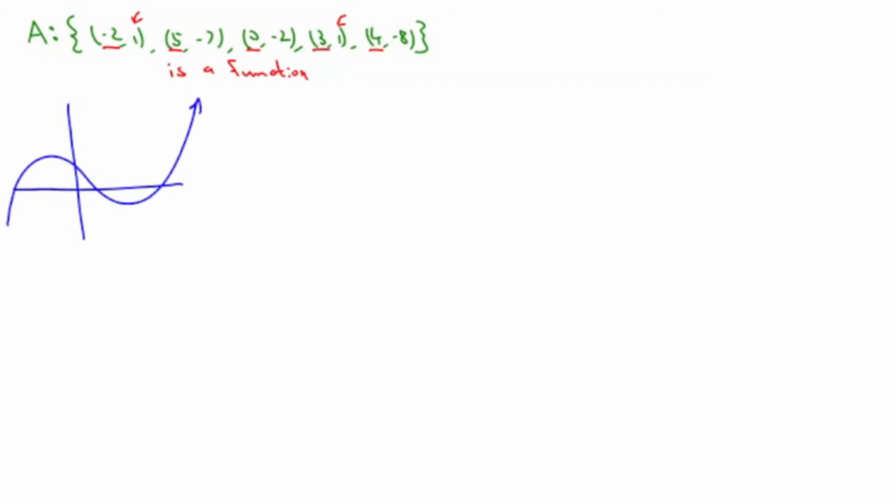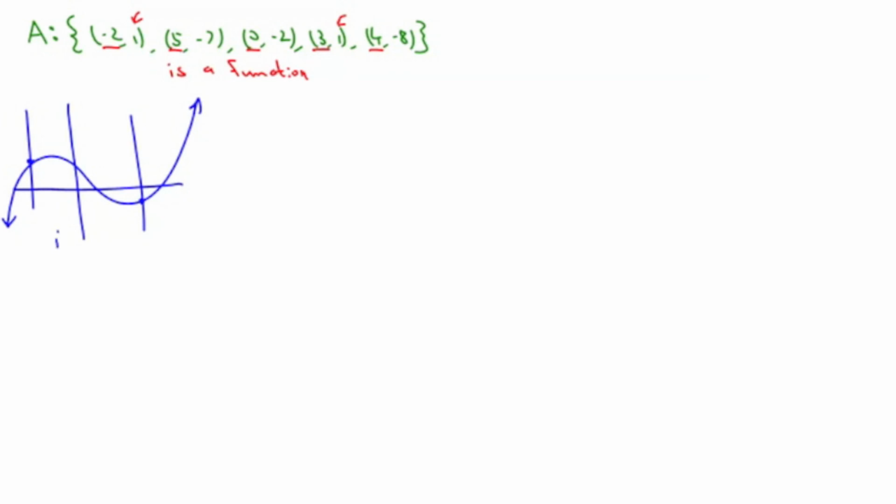Oh, a couple graphs. Is this the graph of a function? Are you sure? Because that horizontal line's hitting it 3 times. You don't care about that. It has to be vertical. Every vertical line that you could possibly draw through this graph will only hit it once.